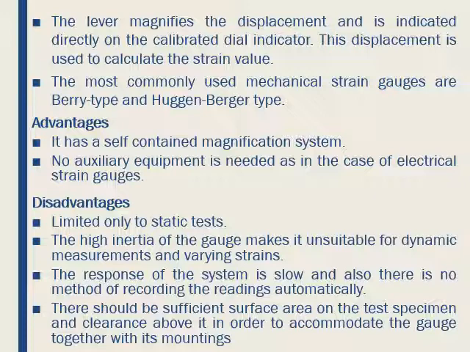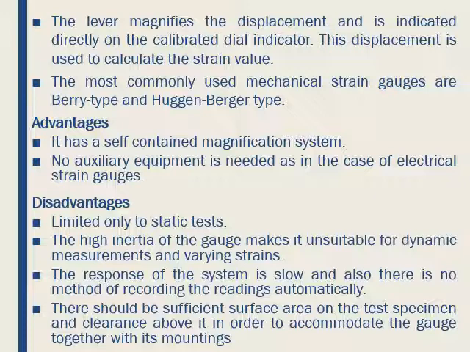In the figure, the Berry type extensometer has been shown, which is generally used for structural applications in civil engineering for long gauge lengths up to 200 mm. The advantages of the mechanical strain gauges are that they possess a self-contained magnification system, like in this example, a magnifying lever.